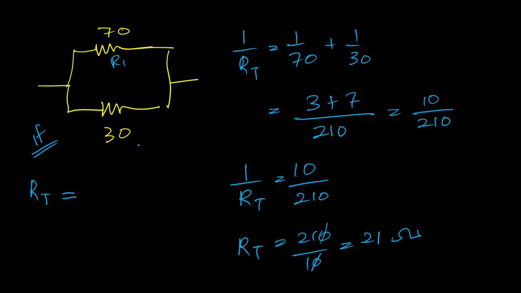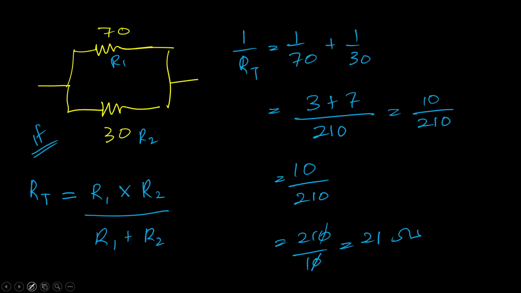If I consider this as R1 and R2, it is R1 into R2 divided by R1 plus R2. R1 into R2 multiply, and divide by the addition. Shall we try that and see? R1 into R2, 70 into 30, divided by 70 plus 30.